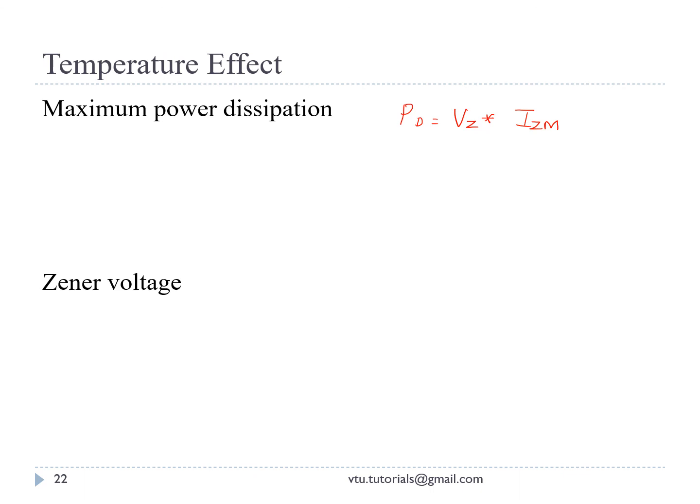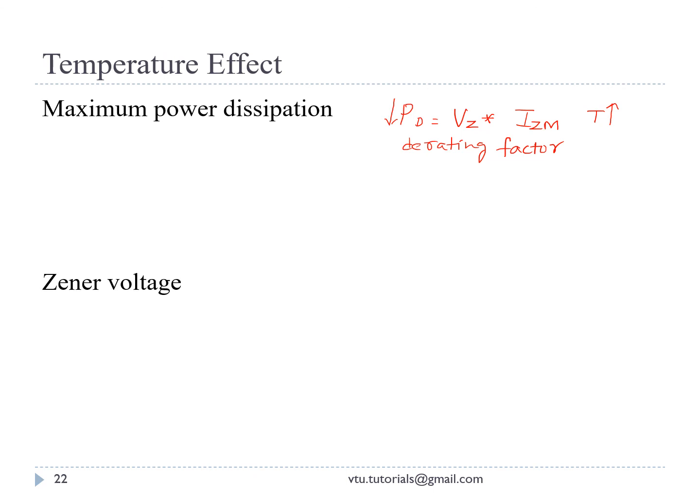If the temperature T is increased, there will be a reduction in the power by a factor called the derating factor. This is similar to our normal PN junction, right? So here we have one equation to determine the power dissipation changes at different temperatures.